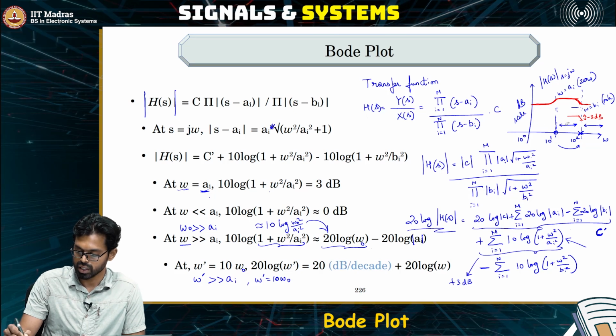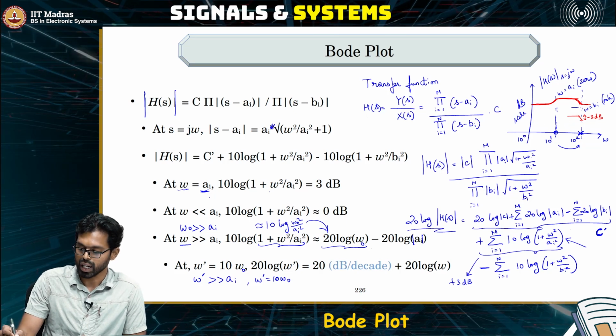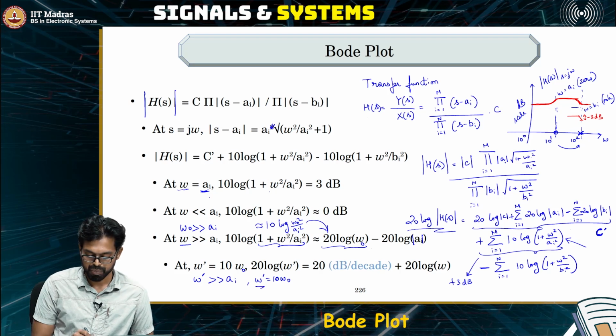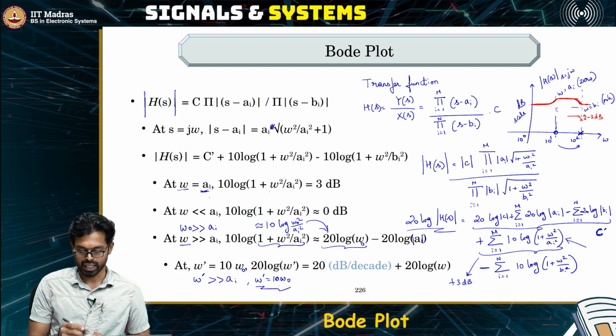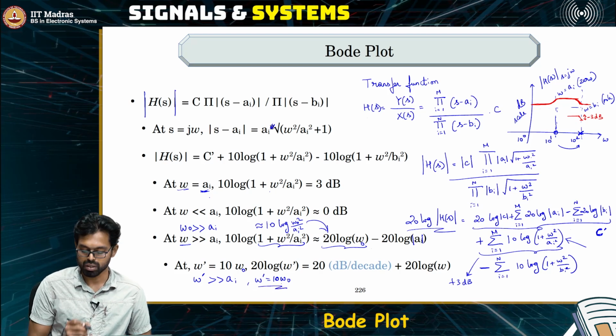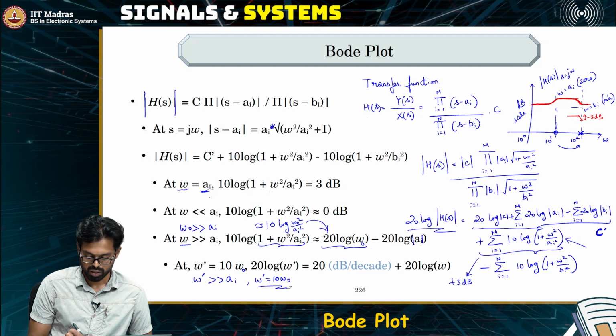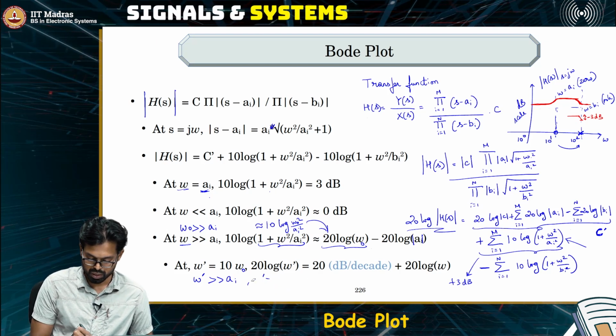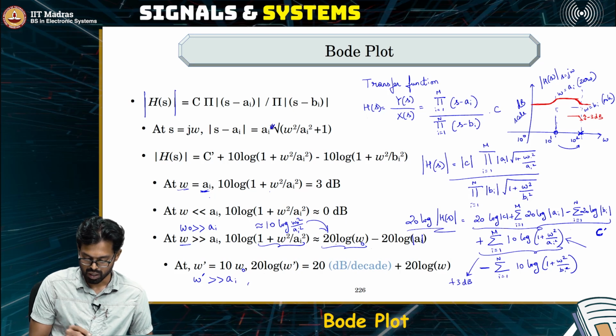For this reason, in order to understand what happens when you move from one box to another box, we'll just consider the frequency value which is 10 times greater than the point of interest. Now let's see what happens at this point. When the frequency is 10 times the previous value, we simply substitute.